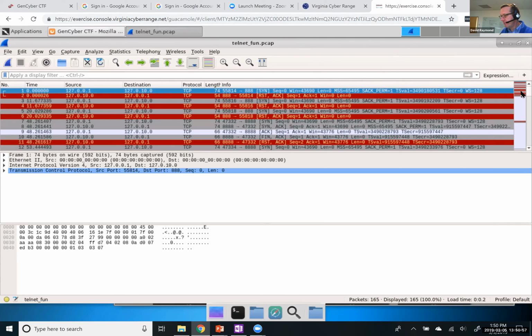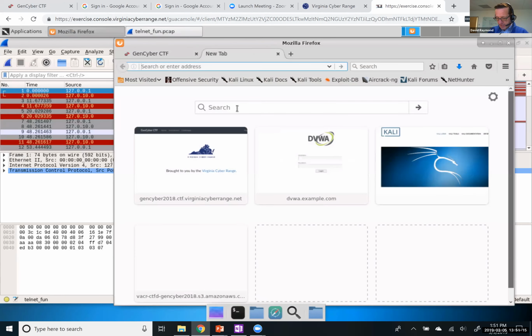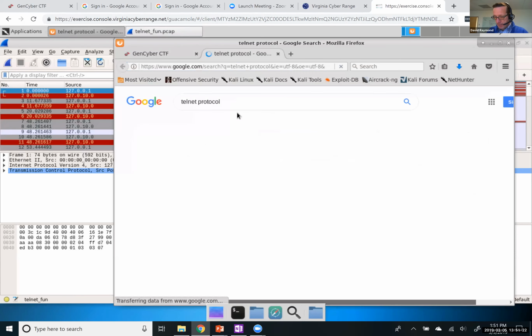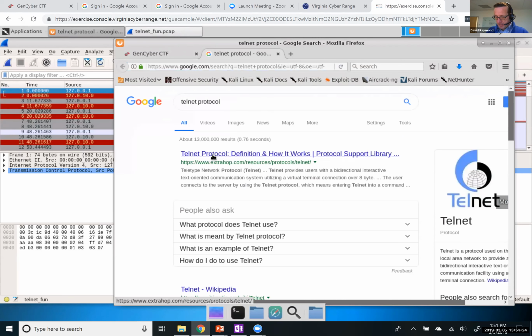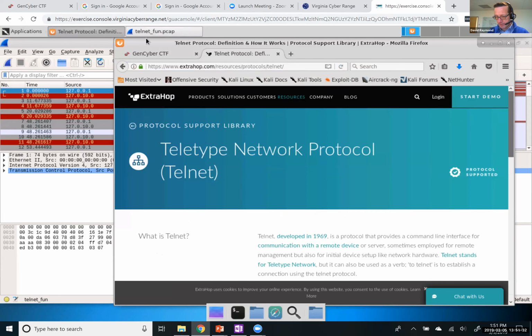What I could do, if this was some high-point challenge where this particular traffic is buried in and amongst a whole bunch of other traffic, is look at the Telnet protocol. For example, I could go into Google and say Telnet protocol. Well, this isn't telling me much.